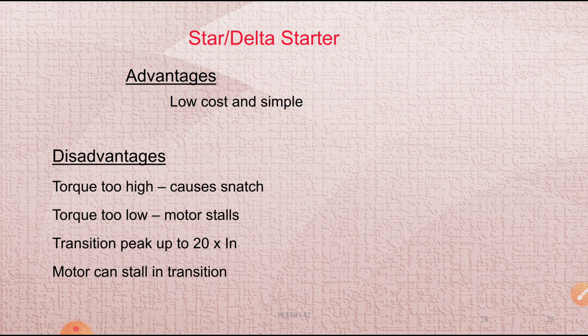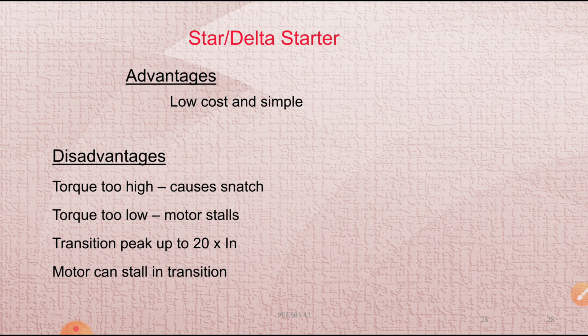The transition peaks up to 20%, and the motor can stall in transition. So these are some disadvantages, dear students. These are the advantages and disadvantages of the star delta starter.